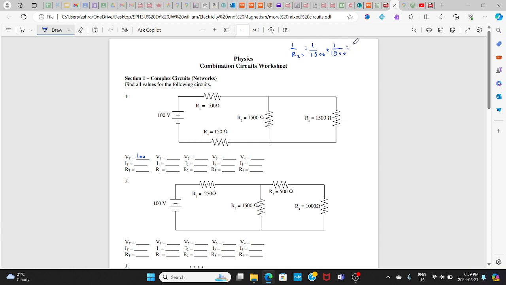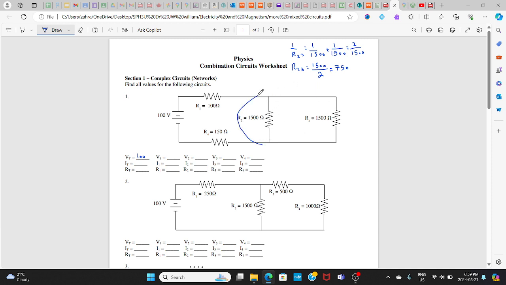It gives you 2 over 1500. I need to flip that to find R23, right? It would be 1500 divided by 2, going to be 750.